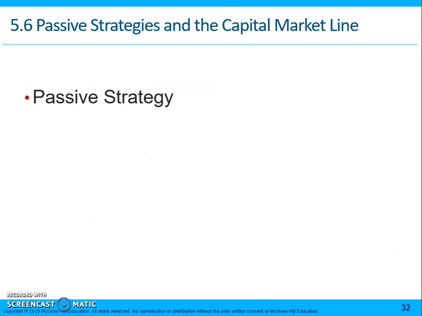Passive investment strategy. Passive investment strategies have been really popular and really successful, especially since the financial crisis. Every year since the financial crisis, passive investment strategy has outperformed managed strategy. And for the most part, over time, passive strategy has outperformed active management strategy.